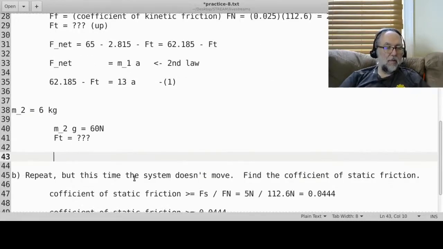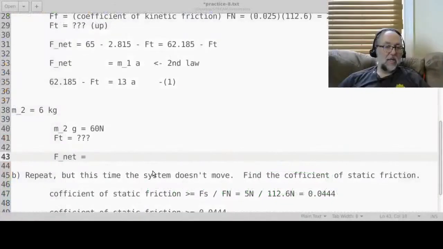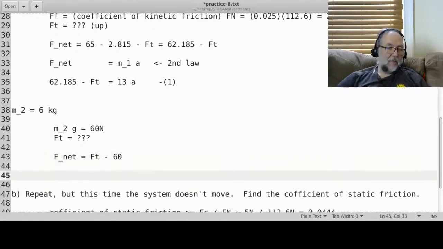All right, what about this one? This is the m2. This is F net equals, and let me switch back to the diagram just one more time, because you might have forgotten what it looks like. But see, the acceleration is up. So the force in the direction of the acceleration, that's the positive one, Ft here, and that 60 is negative. So F net is equal to Ft minus the 60.